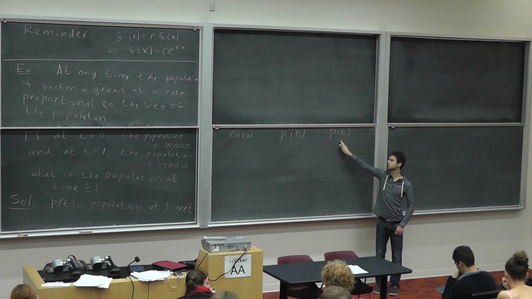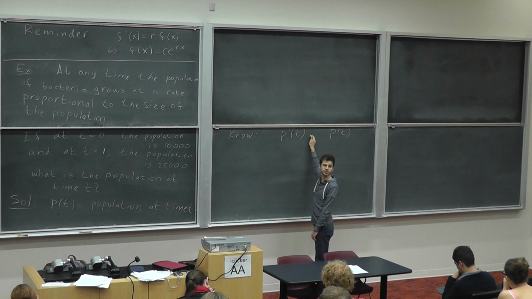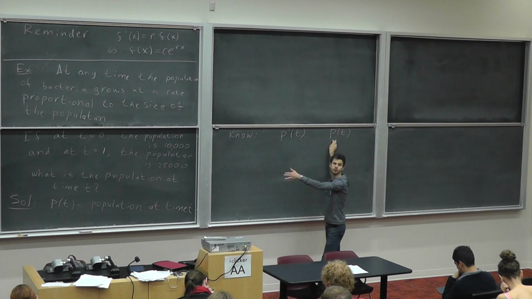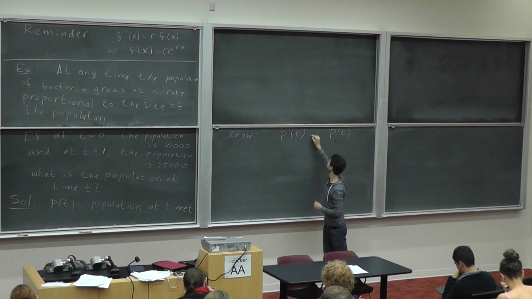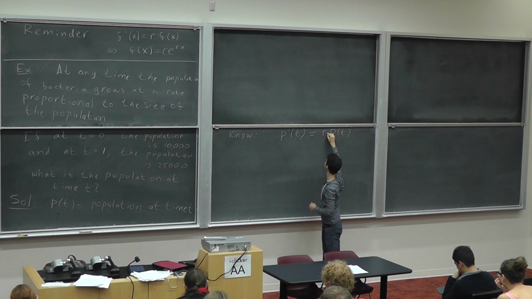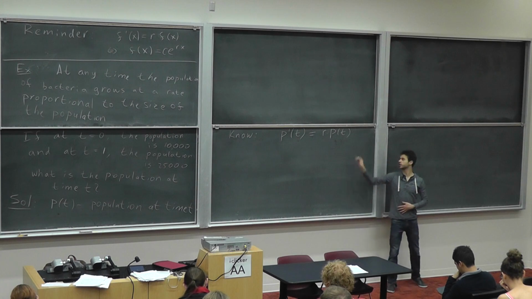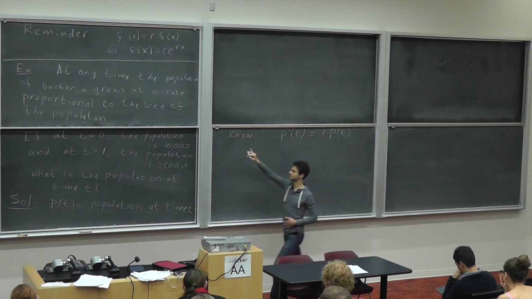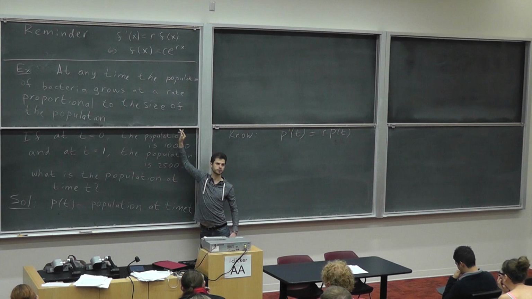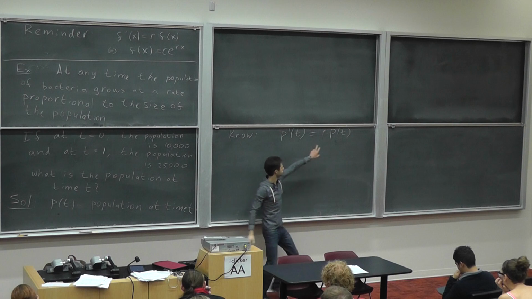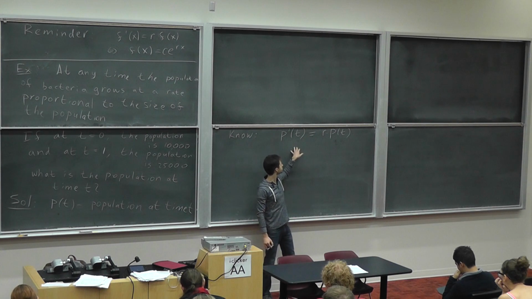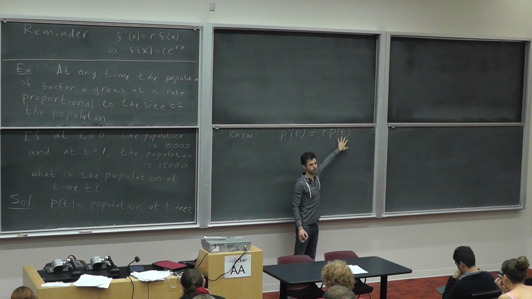Proportional means this is some number times that. Unfortunately, in this problem, we are not given what the number is. So for now, let's just say that this is some number r times P of t. That's all that's written in this first sentence. This holds for any t: the rate of change of the population is proportional to the population size.